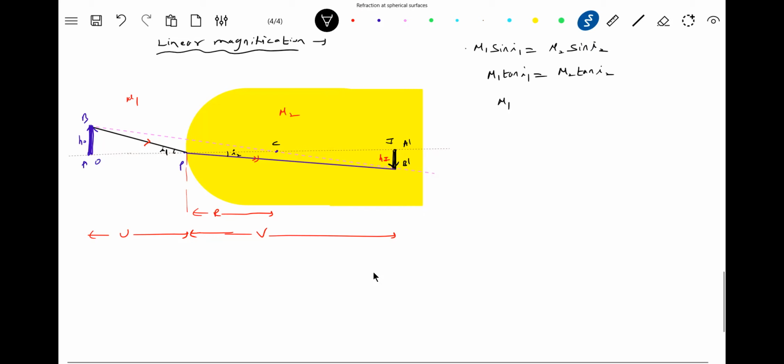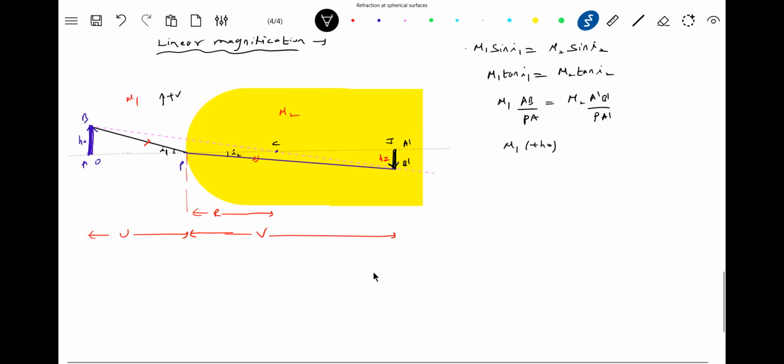Tan I1 will be AB by PA. Tan I2 will be A dash B dash by PA dash. Now further, AB will become the height of the object, HO.